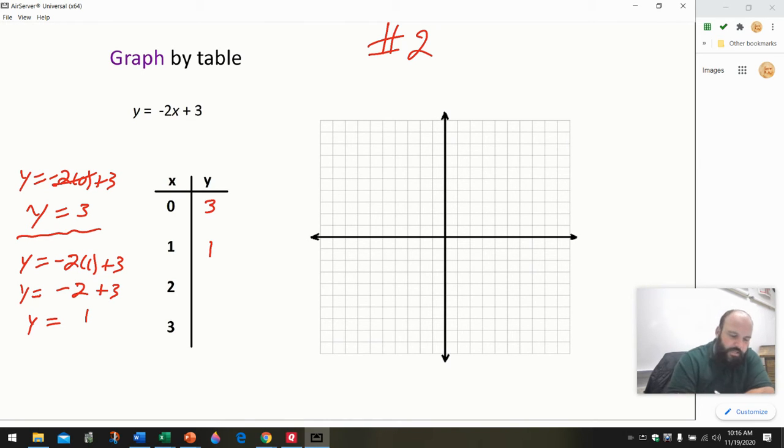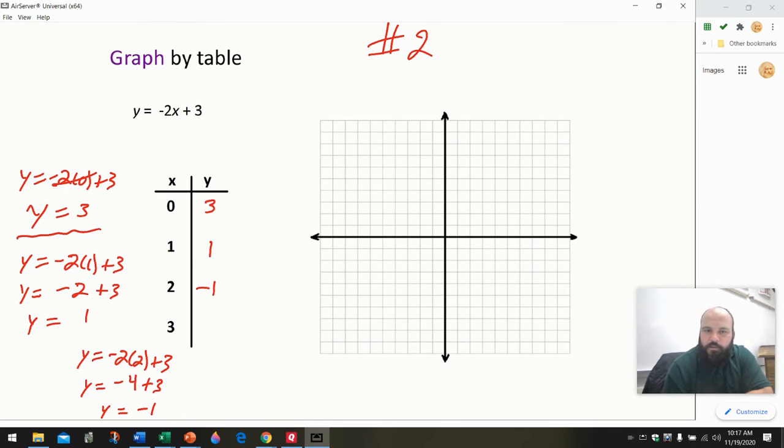The next one I'm going to put in is this 2. We're going to put the 2 in for x right there. So I have y equals negative 2 times 2 plus 3, and we proceed to simplify this. Negative 2 times 2 is negative 4, and then negative 4 plus 3 is negative 1.